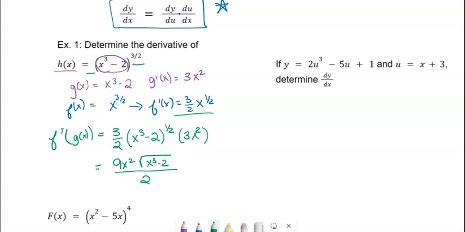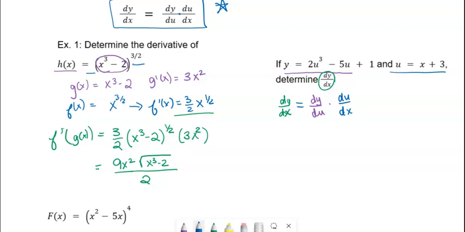Okay, let's try another one. If y is 2u cubed minus 5u plus 1, and u is x plus 3, we want to find dy/dx. So we know that dy/dx is dy/du times du/dx.